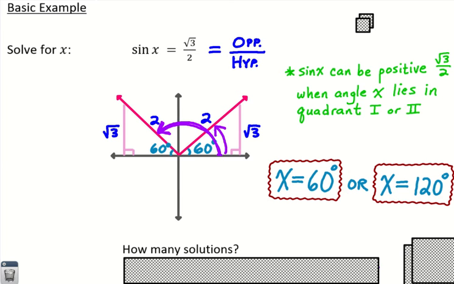Now, let me say at this point in time that it might have occurred to you, just looking at this original equation, the sine of something equals root 3 over 2, it might have occurred to you just to think, well, can I just go on my calculator and do the inverse sine of root 3 over 2?